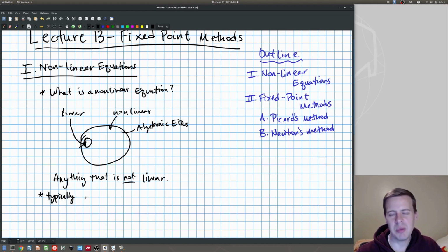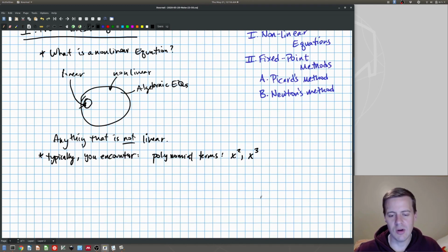But typically, in physics-based disciplines, you encounter terms like this. You encounter polynomial terms. These are things like x squared, x cubed, things like this. And you also often encounter transcendental terms.